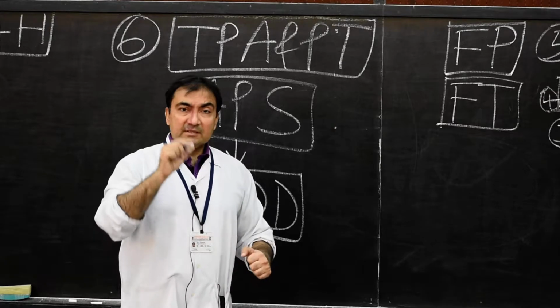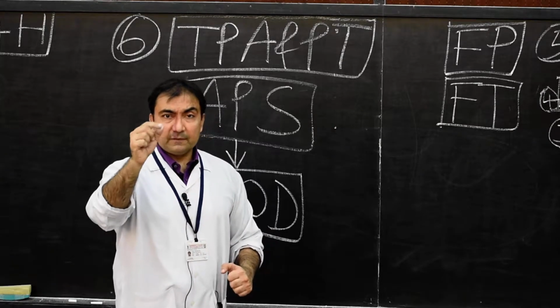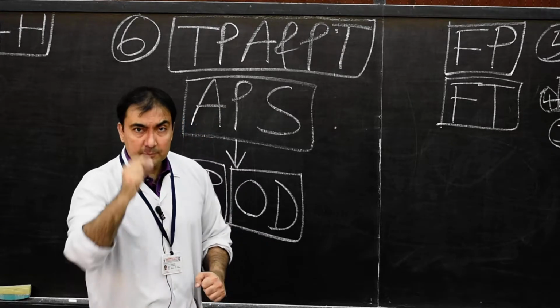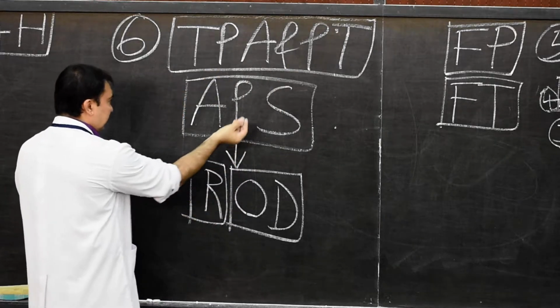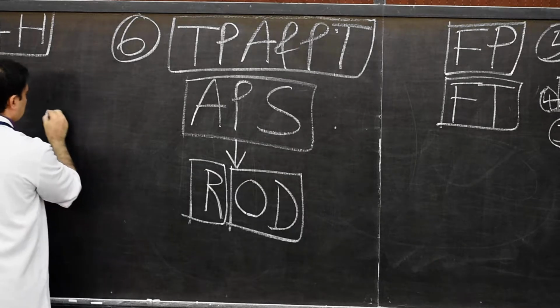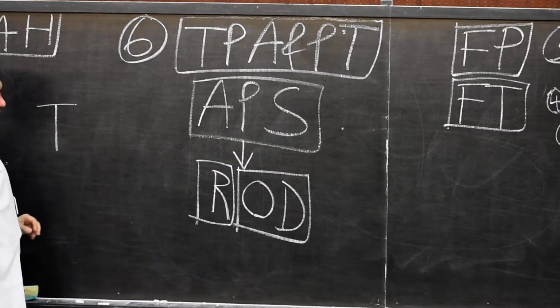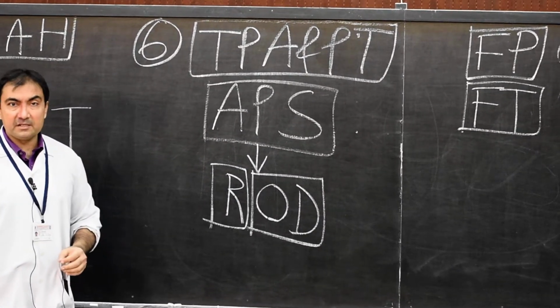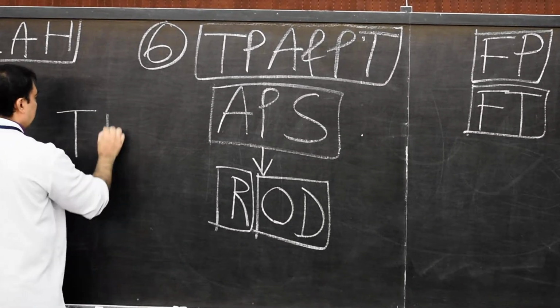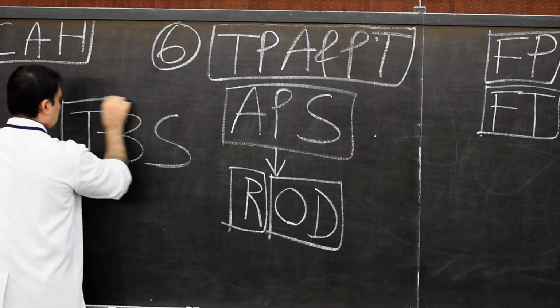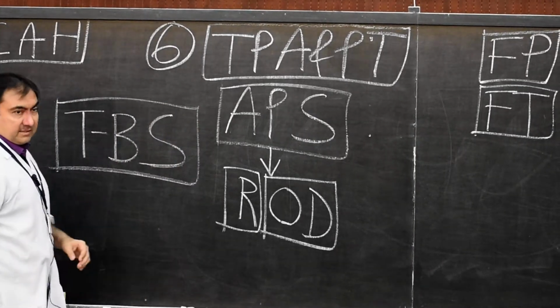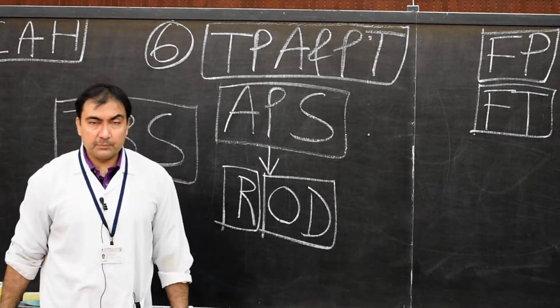Now comes a syndrome which is associated with this anomaly, a very important syndrome. It is associated with this transposition only, and the name of that syndrome, I will write on this side, Taussig, T-A-U-S-S-I-G, Taussig-Bing, B-I-N-G syndrome. It is asked in 1 mark, what is Taussig-Bing syndrome?